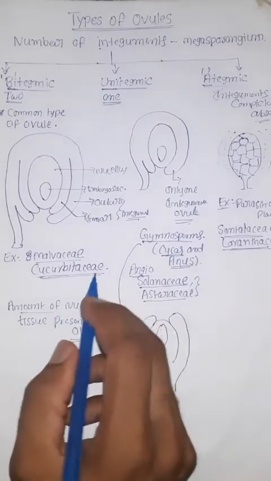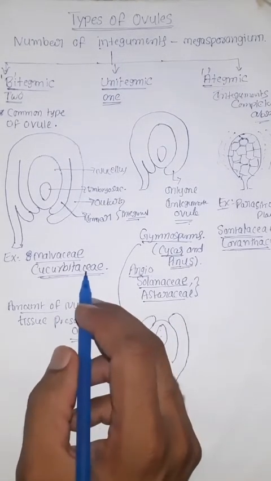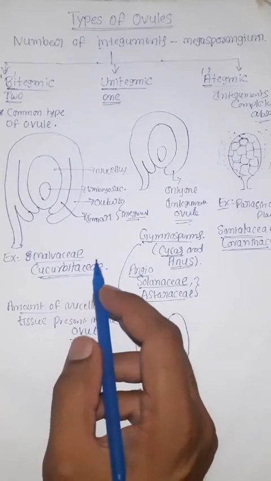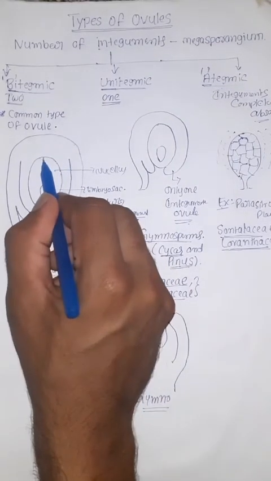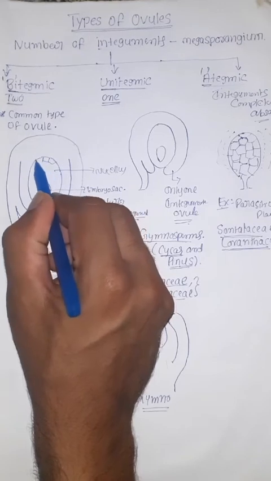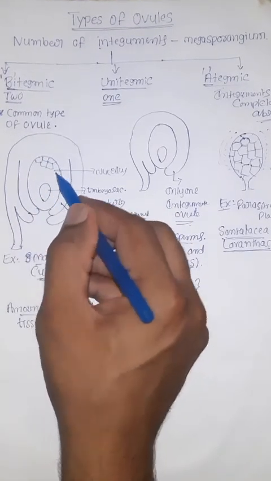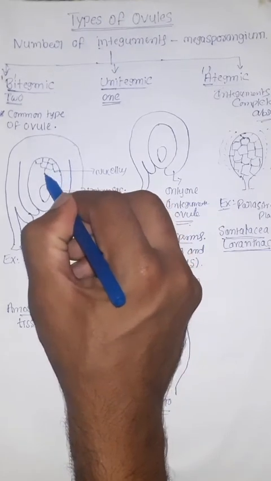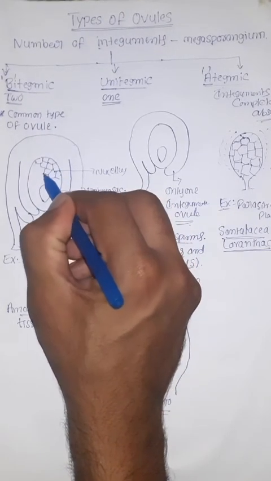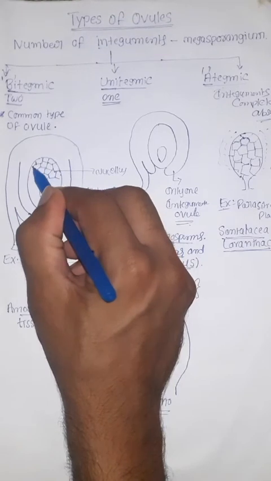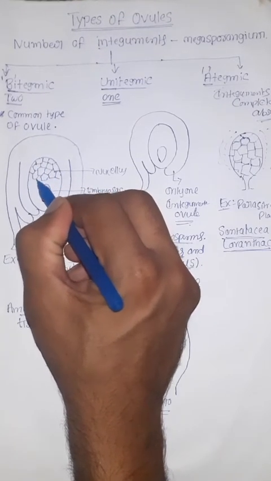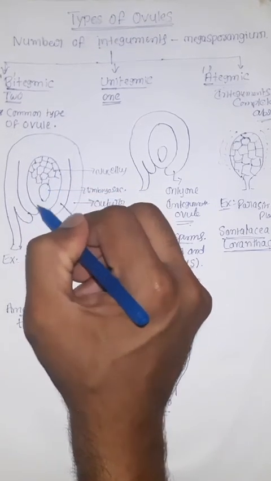We know the nucellus tissue is a sporophytic tissue present in the center of ovules, which is useful for the growth of the embryo sac. The nucellus tissue is a nutritive tissue for the growth and development of the embryo sac.